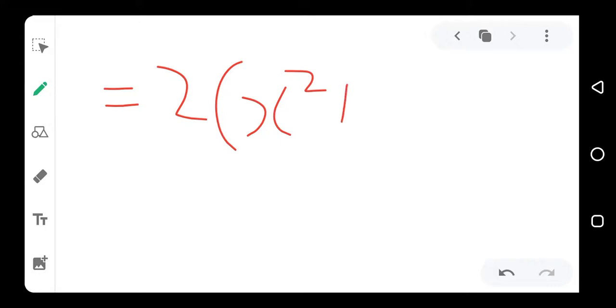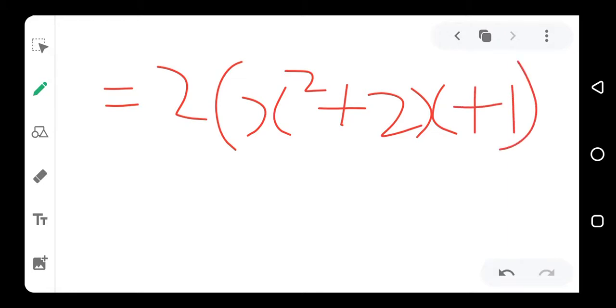So solving this, we are going to get 2 brackets x raised to power 2 plus 2x plus 1 minus 3.